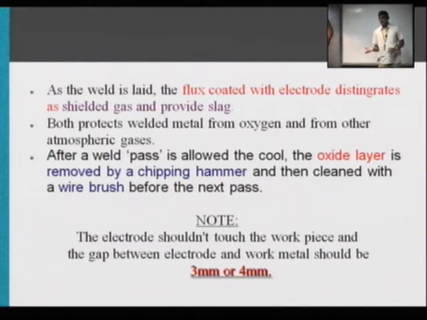As you are now entering the process, that is, you are starting the process. First the flux is disengaged, which acts as the shielding gas and provides some slag. Note that this electrode and the workpiece should not touch each other, as you can see in the previous slide.